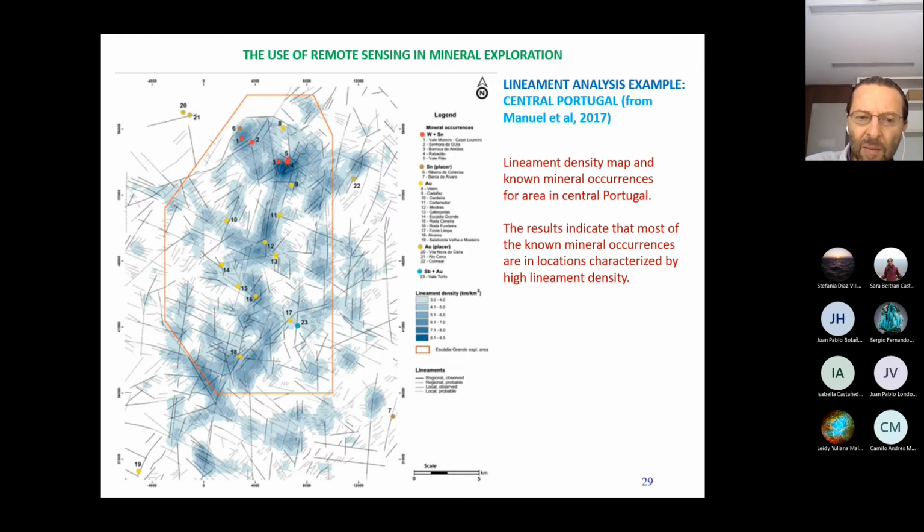So the final conclusion of this study, after they combined all the elements, they did a lineament density map, and the map is this one with these shades of blue. And as you can see, higher density is a darker shade of blue. And on this map, they plotted the mineral occurrences or deposits from the area. You see them in red and yellow, depending on the dominant metal.